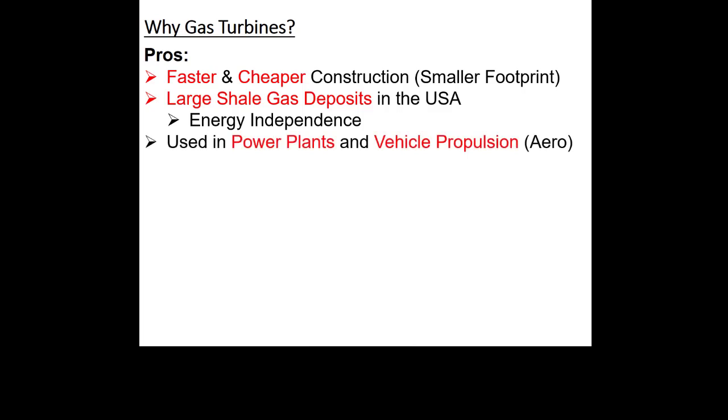It's something that we can use for power generation to keep the lights on, but as we'll see next class, this is also something that we can use for vehicle propulsion. When we start to talk about how we keep jet planes in the air, we'll see that the Brayton cycle is an important part of that as well.